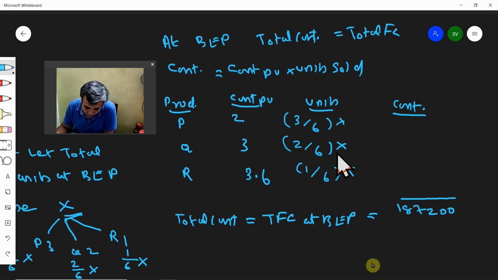Now concentrate. Let us try to fill out this column. 2 into 3 by 6, what will that be?